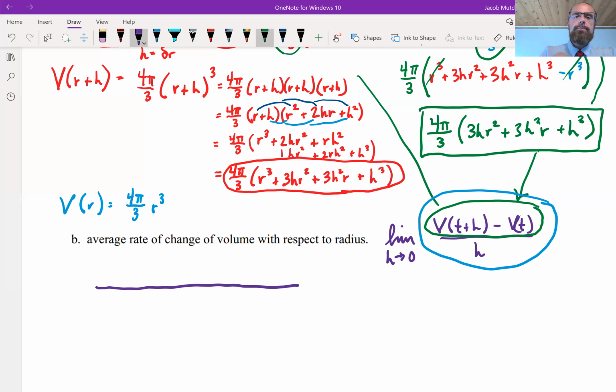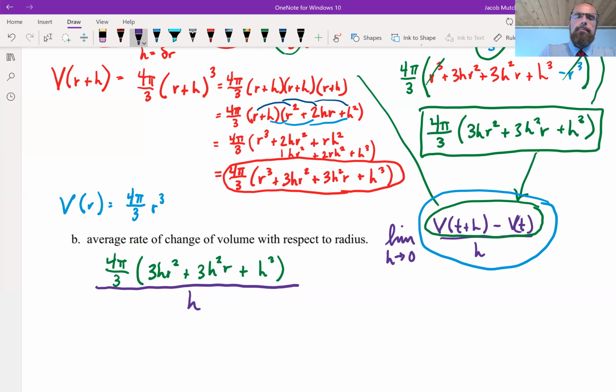I'll substitute in for my difference in my numerator this 4 pi over 3 times that polynomial 3hr squared plus 3h squared r plus h cubed, all divided by h. So to find the average rate of change, we just incorporate that divisor of h.